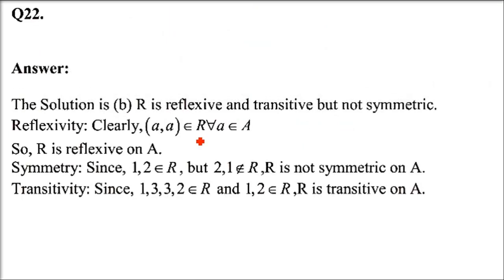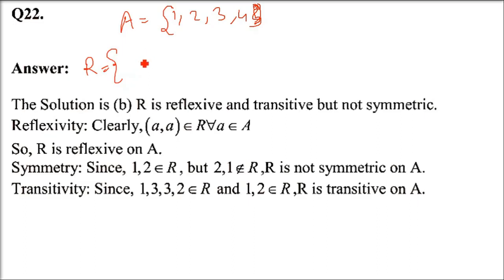Question 22. Let R be a relation on the set A equals {1, 2, 3, 4}, given by R equals {(1, 2), (2, 2), (1, 1), (4, 4), (1, 3), (3, 3), (3, 2)}. So you can see my handwriting.